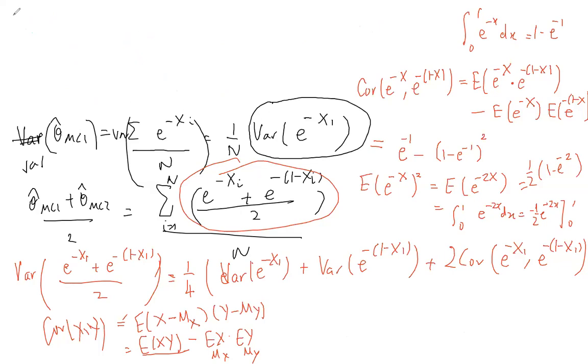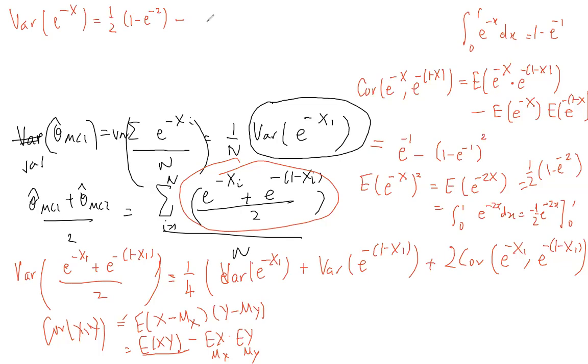Right, so you have variance of E of minus x is 1 over 2, 1 minus this, okay? Plus, sorry, subtract the mean, right?